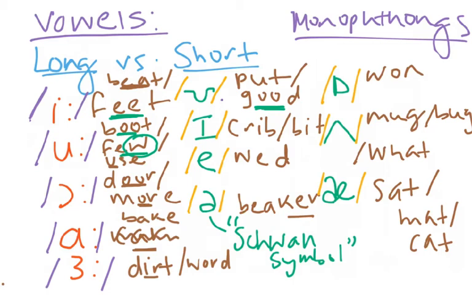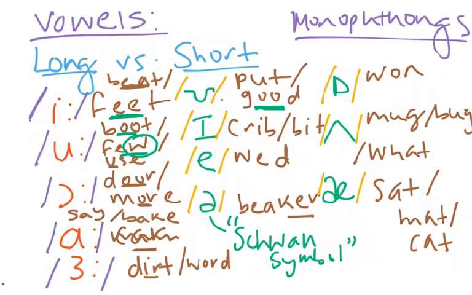Other words could be stay, or may. So those are long A sounds. I'm just going to add another example, say. We'll discuss these different spellings in a separate video on spelling rules.